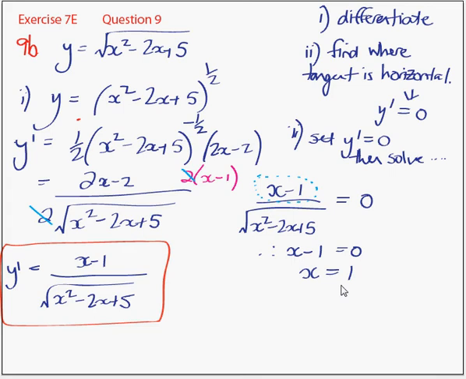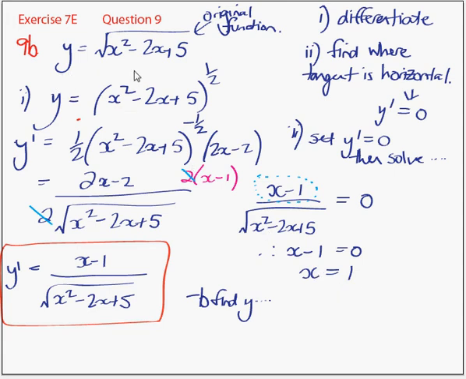Now it's only half of a coordinate. I actually need a full coordinate. So to find the y, I need to use my original function. So I'll substitute my value x into my original function.